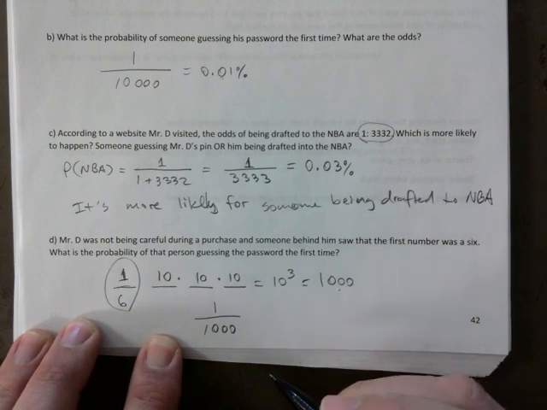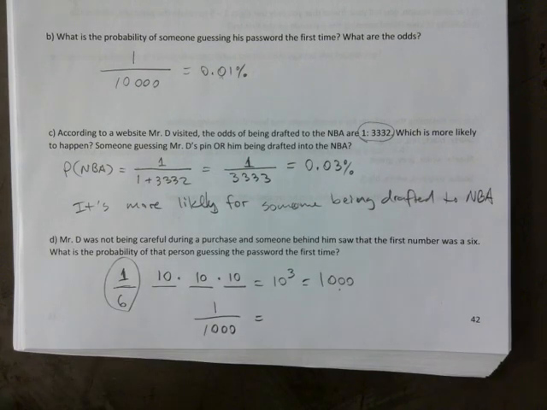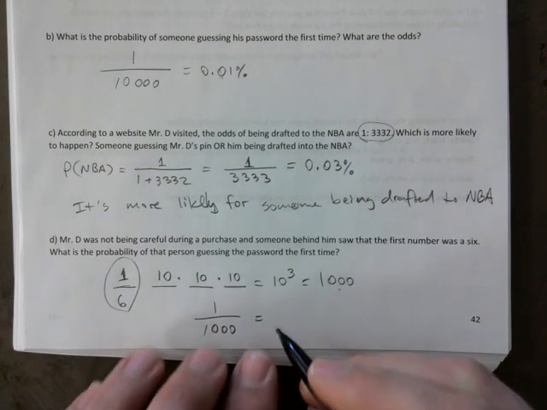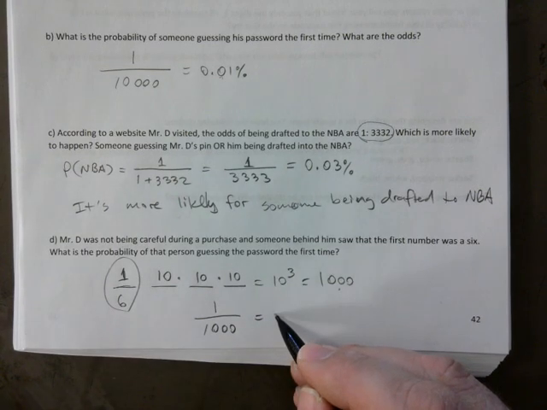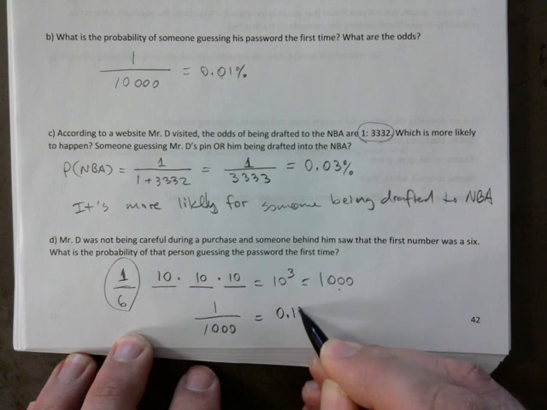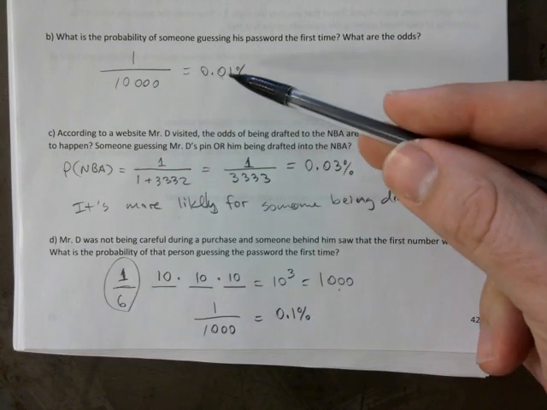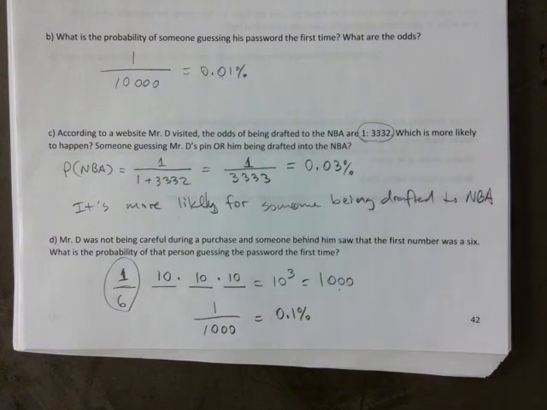It's a 6. Don't get all excited, I just made that up, okay? I'm going to multiply that by 100. So that's a 0.1% chance. It has increased, not by much, but it has. Tenfold.